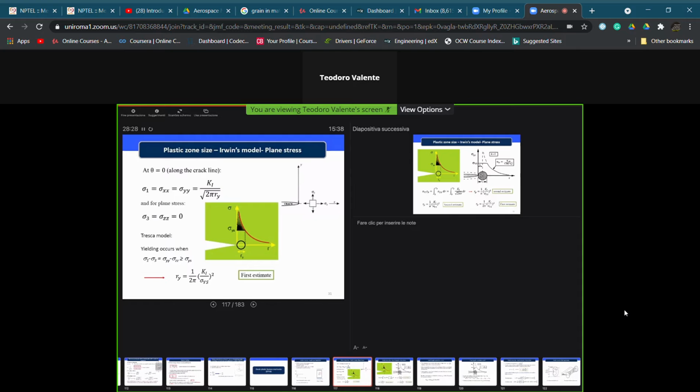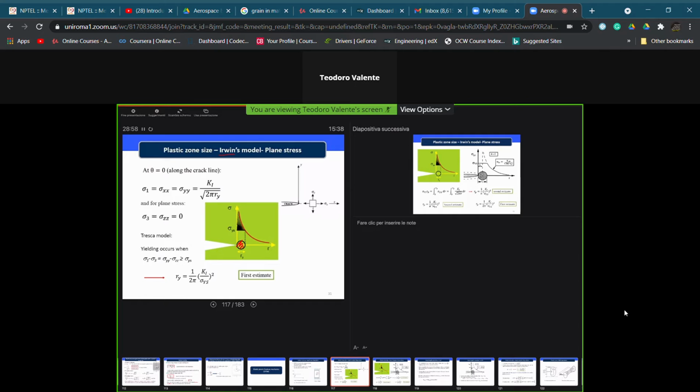And in this case, one hypothesis which is going to work quite well, which is based on the Irwin model for plane stress, like in this case, is to consider the presence at the crack tip of a circular area in which we are going to reach the yield stress of the material itself.